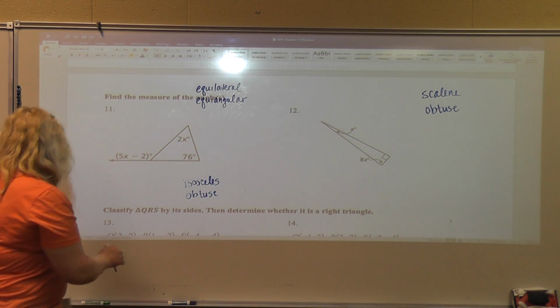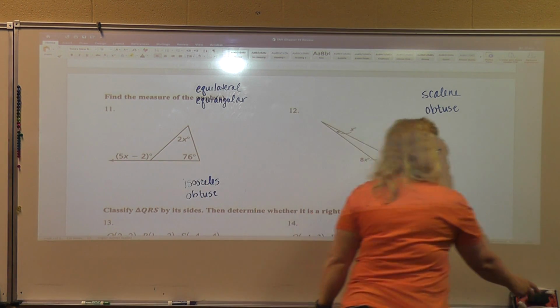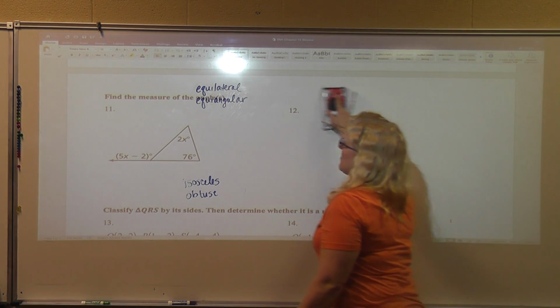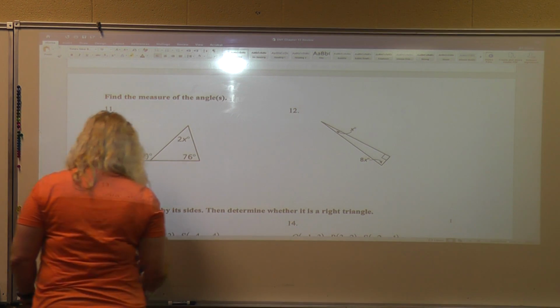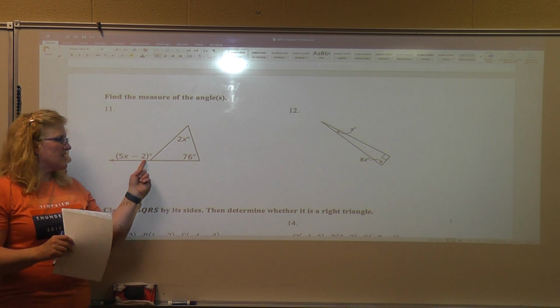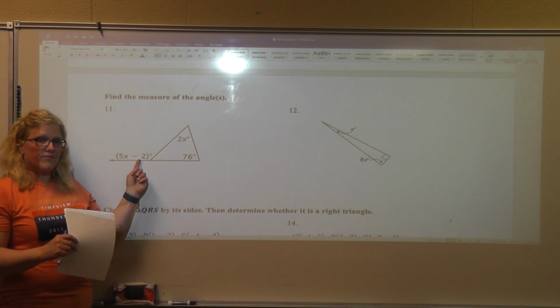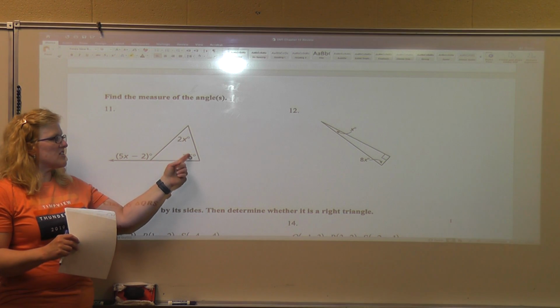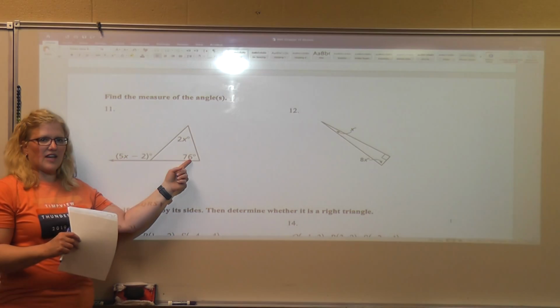So 11 and 12, they're wanting you to find the measure of these angles. So first of all, we have a theorem that tells us that this angle over here is the same as these 2 angles added together.